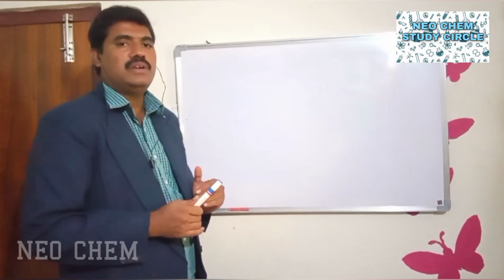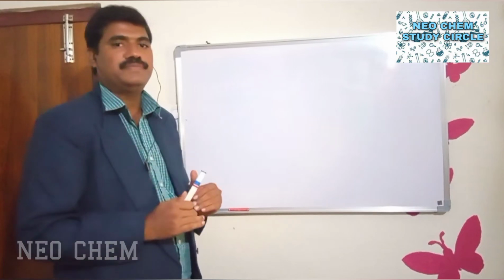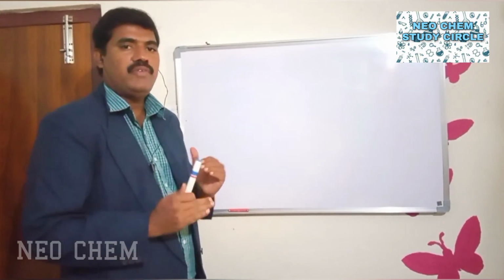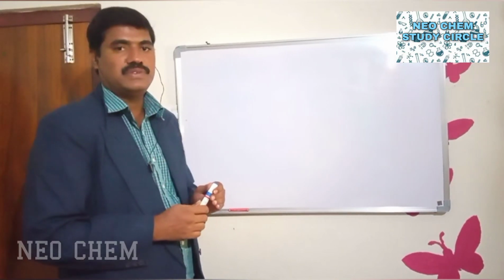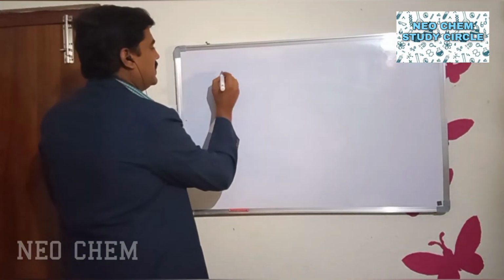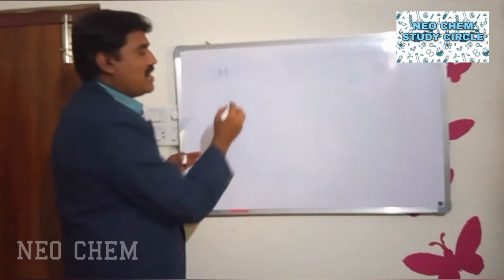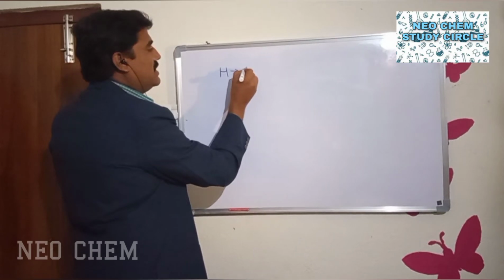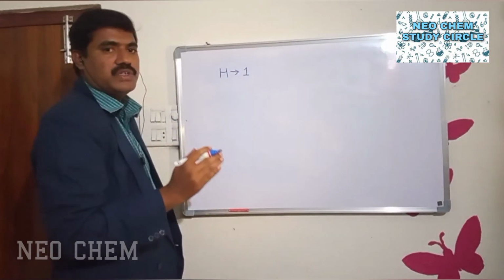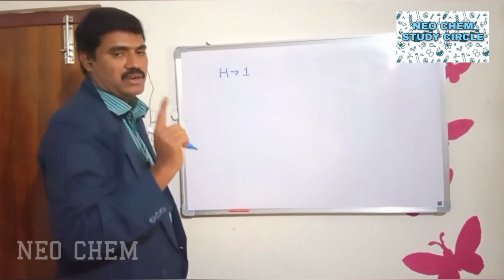Before discussing the identification of hybridization, first of all, we will discuss the valency of various atoms. For example, the hydrogen atom's valency is 1. That is, hydrogen will always form only one bond, a single bond.